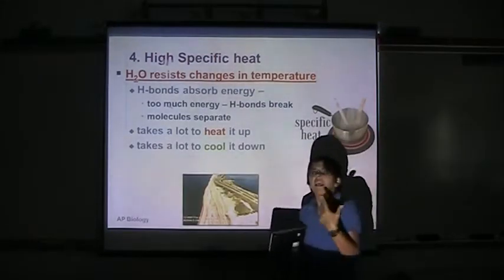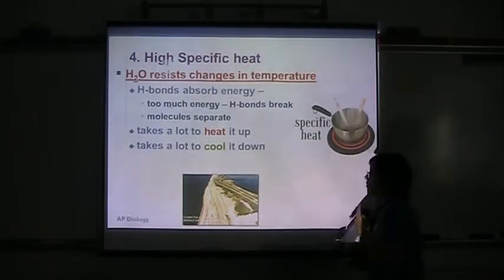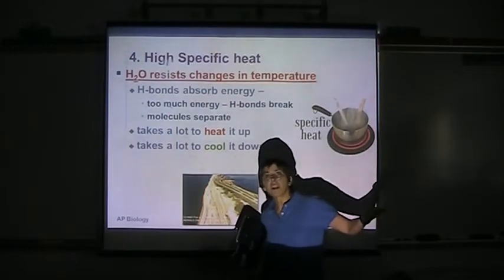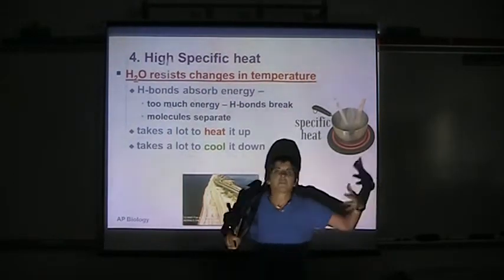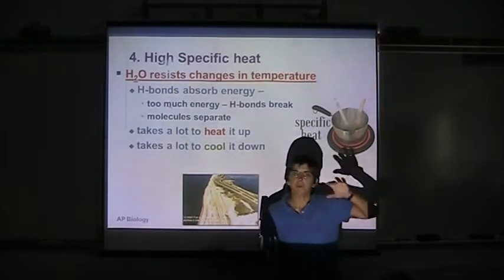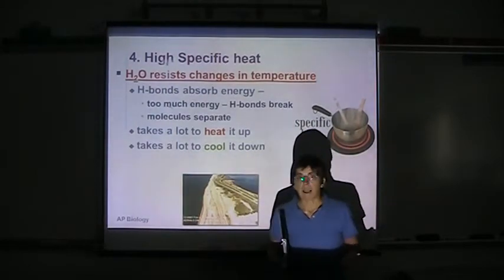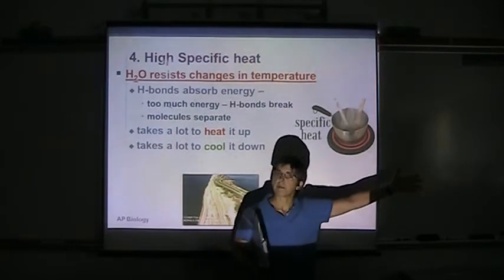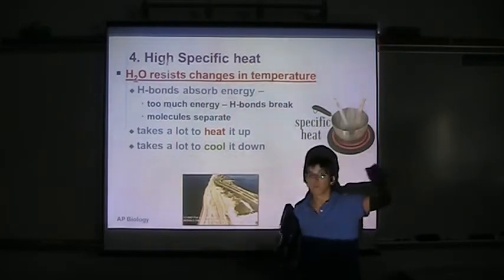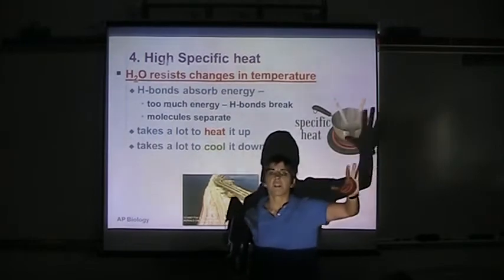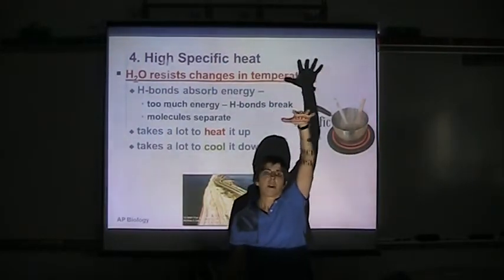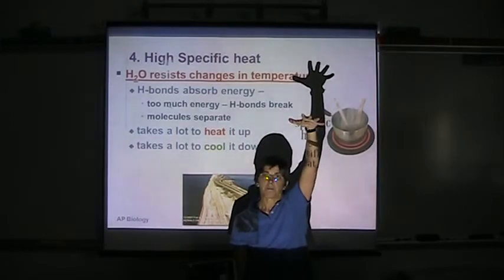So water works as a beautiful way to moderate climate. Remember, if you live near the ocean, the temperature, yes, we do have winters and summers, but they are a lot milder than if you would live in the middle of the United States, in the middle of Nebraska or the Dakotas, where away from the oceans, the temperatures fluctuate between 110 in the summer and minus 30 in the winter.